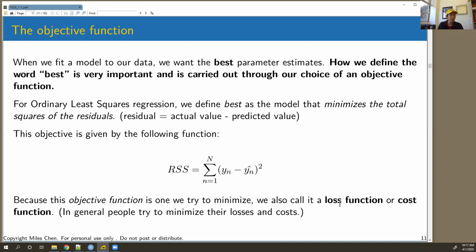Are there other functions that you could use to fit some kind of thing? Yeah. If you didn't square this, what would we get? What if we used absolute values instead? Well, we'd have a different function.